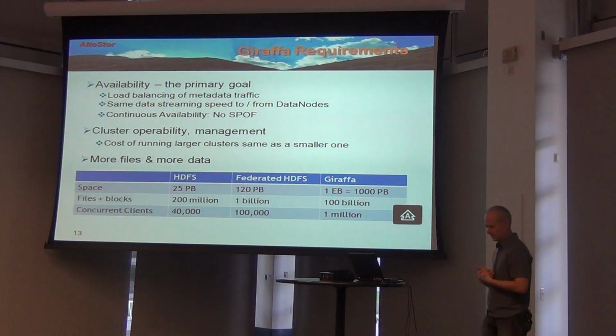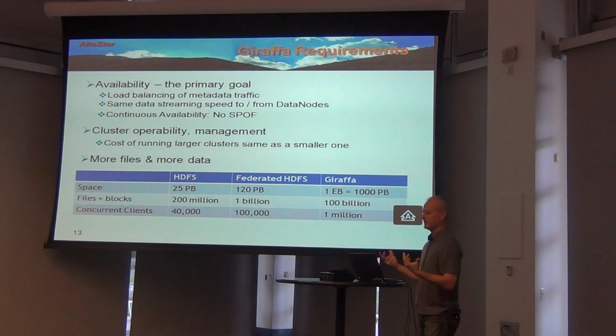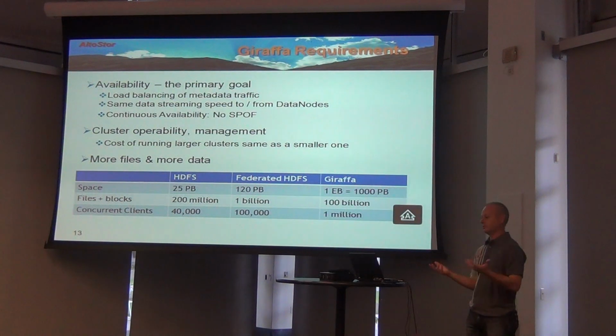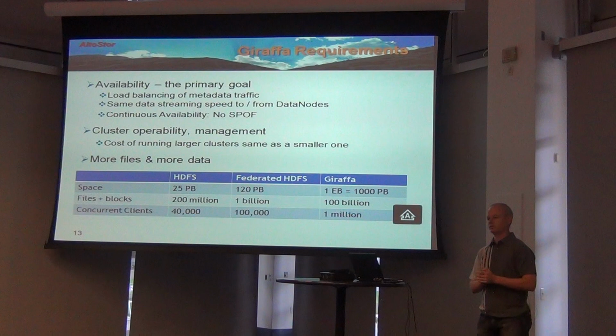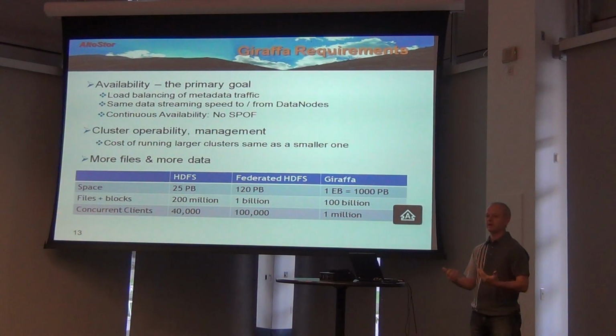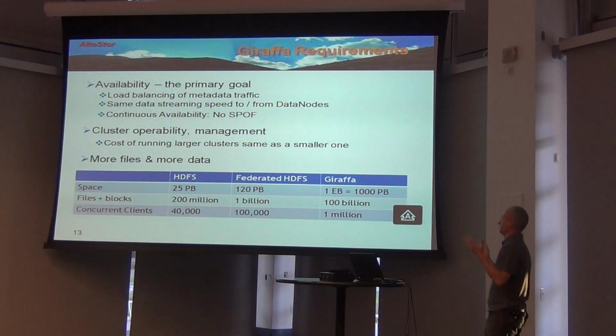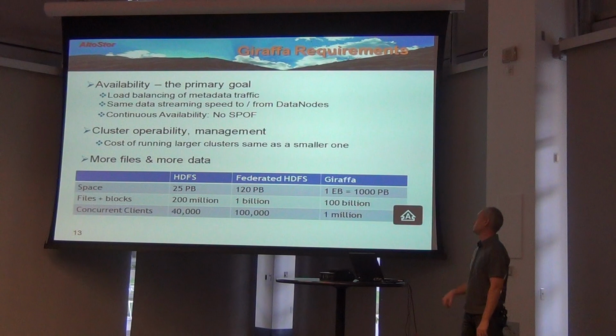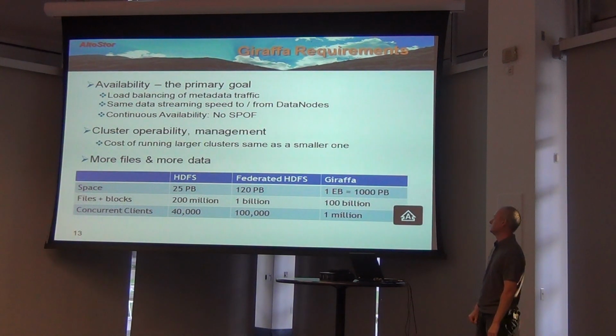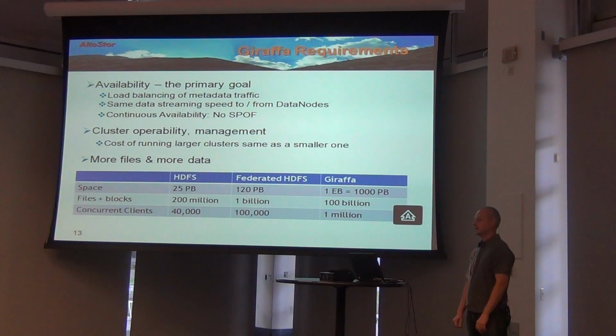With continuous availability, there is no such replication of state. It's like with data: one data node goes down, and the work is redistributed. It's the same thing with a cluster that serves metadata. Cluster size is another important issue.